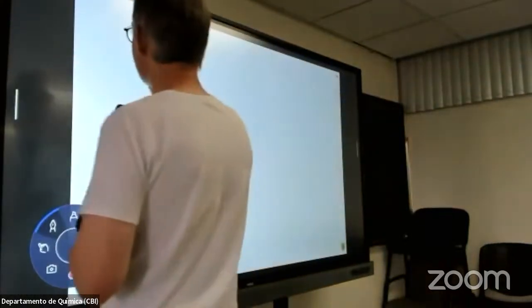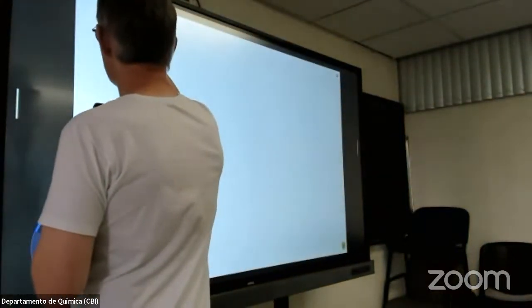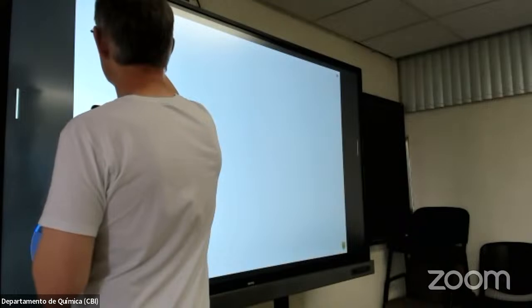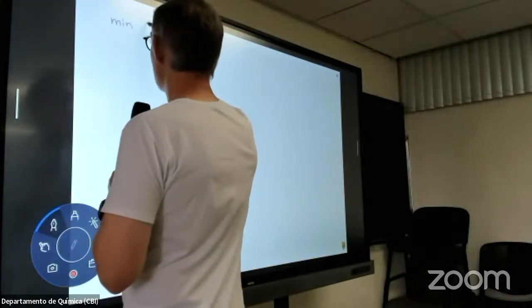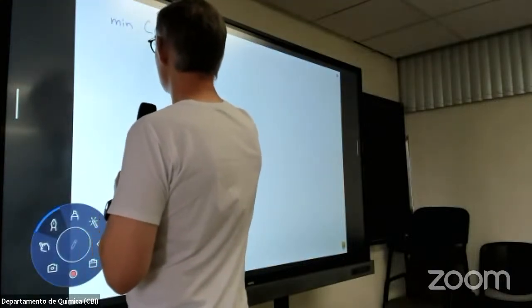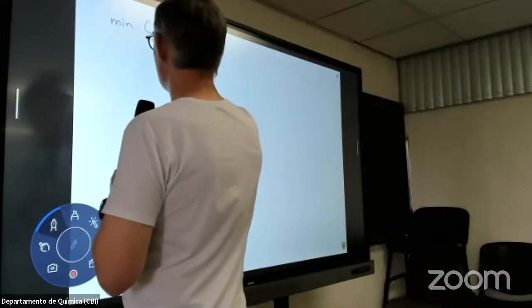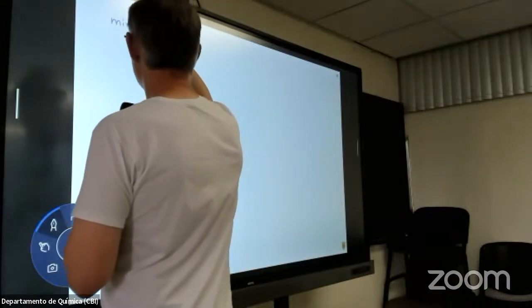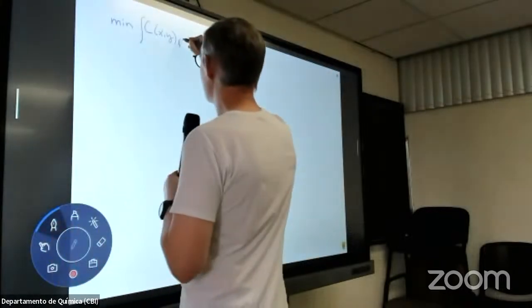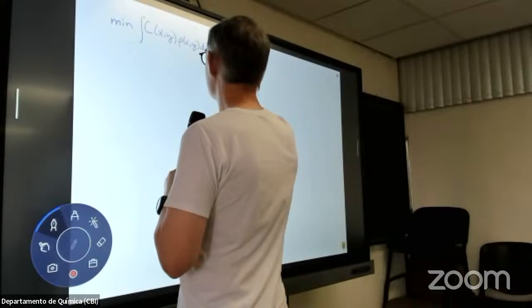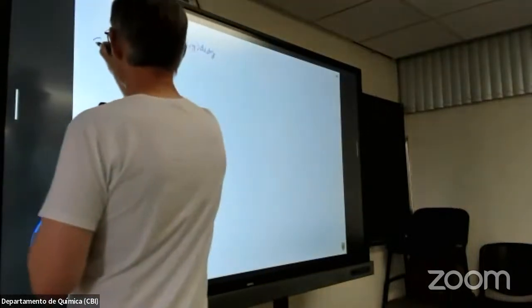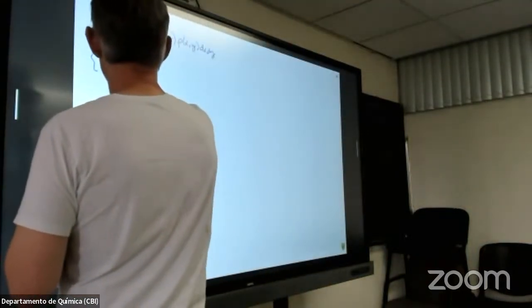Okay, so let's remember what the idea of classical optimal transport was: there was some cost. We said it had two variables, and we minimize the cost of these two variables subject to the constraint.